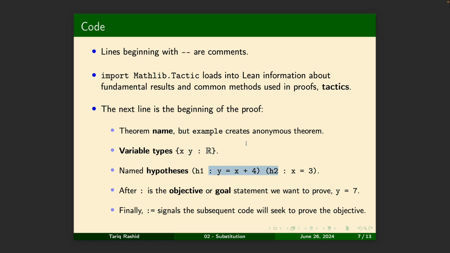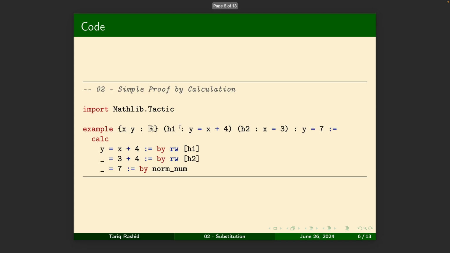The hypotheses we've talked about. We've talked about establishing the goal, and then the symbol colon equals, which means that we're about to go into the proof now. So this first line is essentially a statement of the theorem that we want to prove, and then there's the body of the proof.